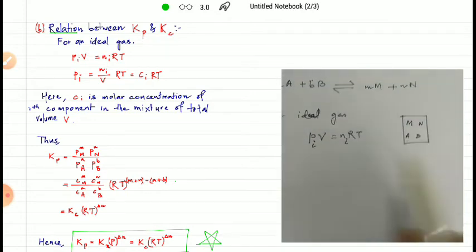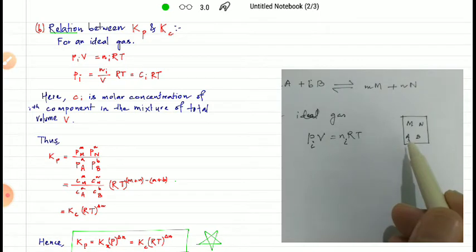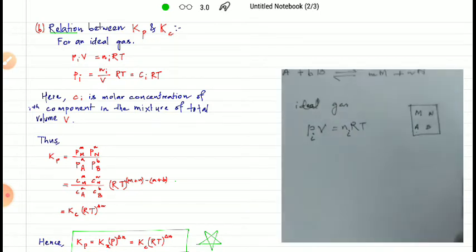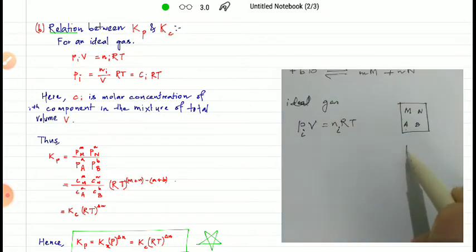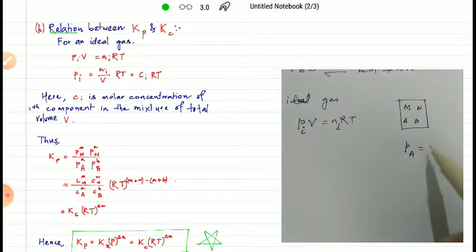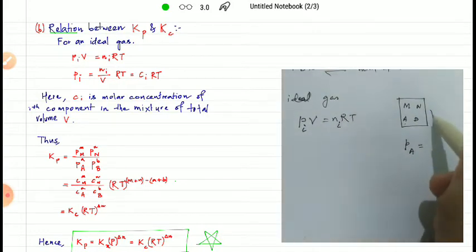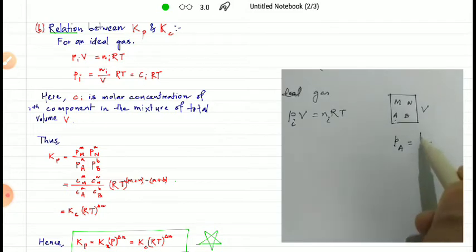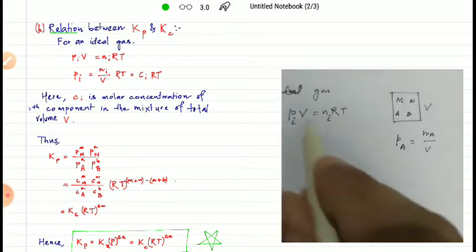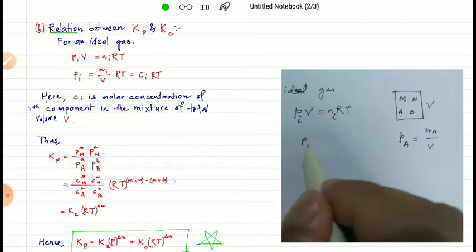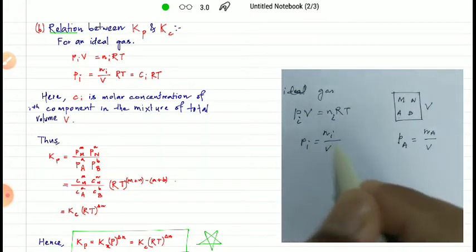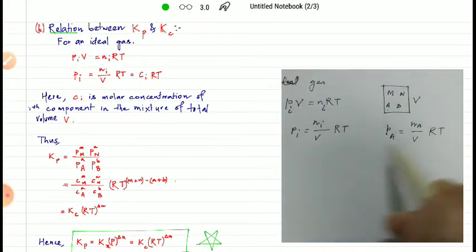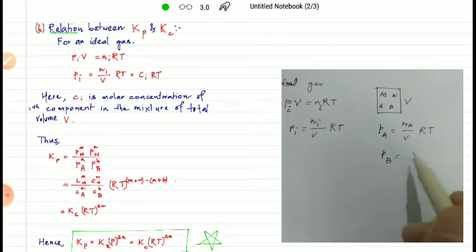The partial pressure of component A, according to the ideal gas equation, will be PA is equal to NA divided by V times RT, because Pi is equal to Ni by V times RT.